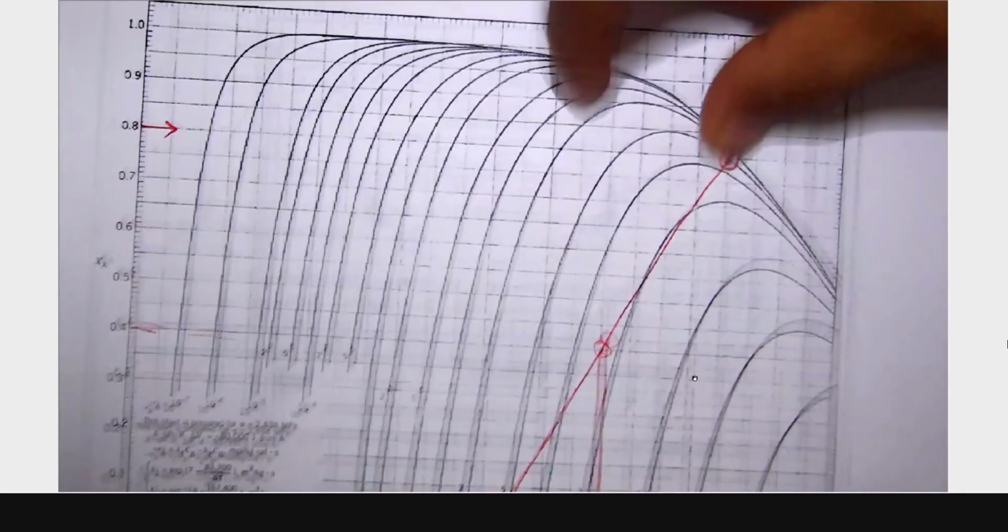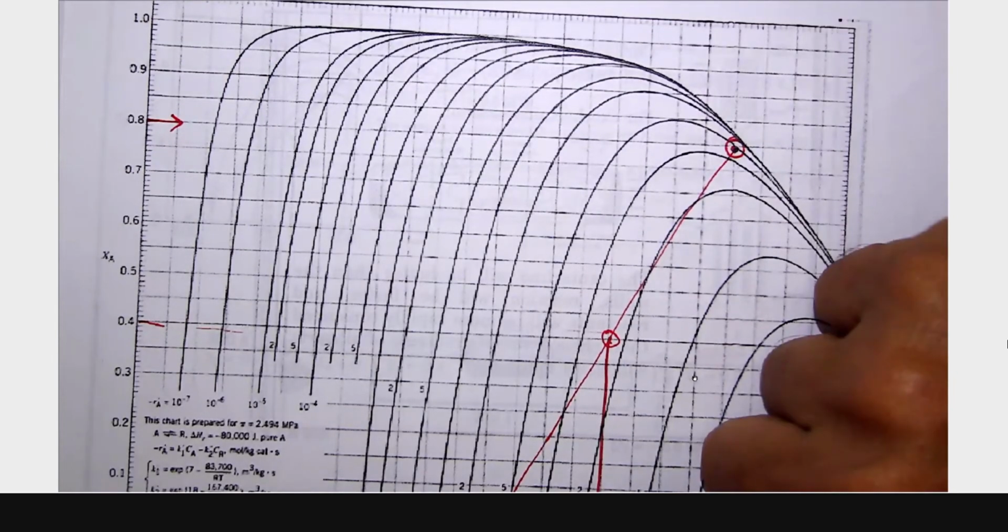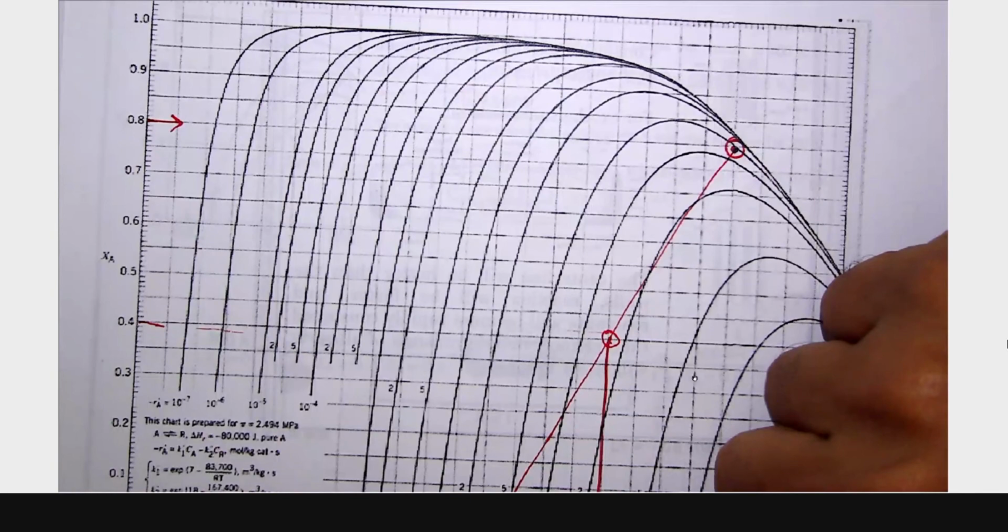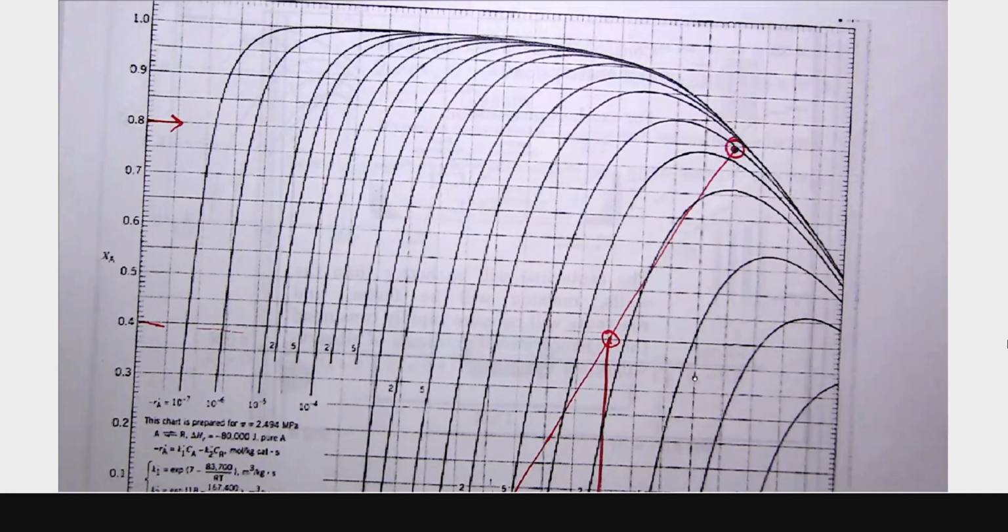And at this particular point, R_A is coming to which line? If I say like this, it may be somewhere in between. If I go for X_A equal to 0, it will be 0.03.